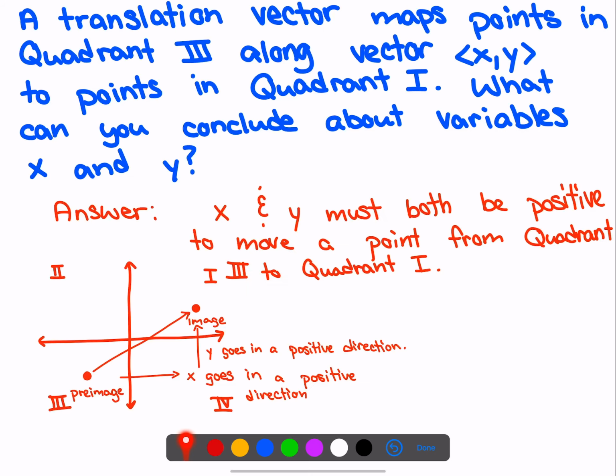So therefore, x and y must both be positive to make a point from quadrant 3 move to quadrant 1. Because again, x is going in a positive direction here, and we can see y going in a positive direction, which means that they must both be positive in order for us to move to that specific quadrant.